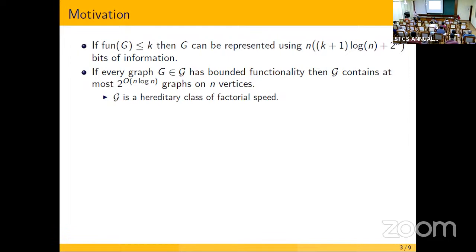It's not very hard to deduce it, and it follows that if we have some class of graphs that all have bounded functionality, then if you look at the graphs in this class that have n vertices, there are at most 2 to n log n of them, and we say that such a graph class has a factorial speed.